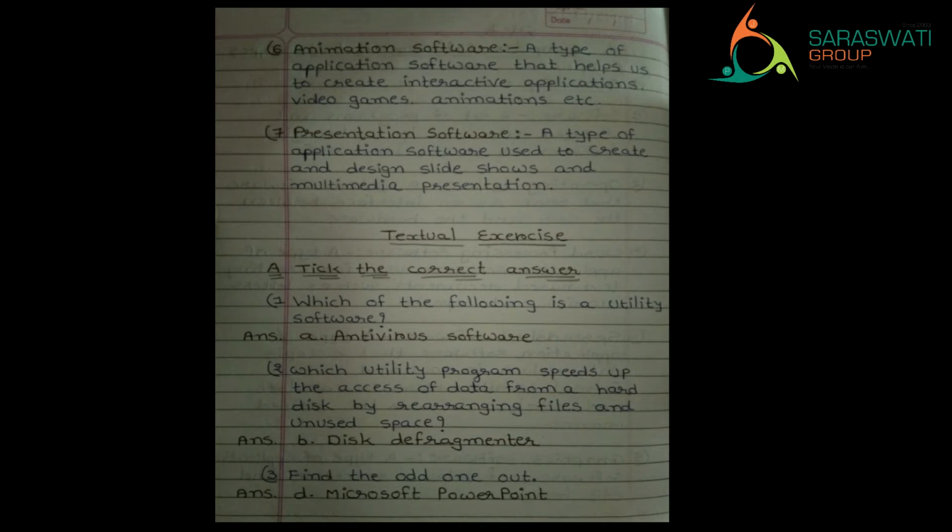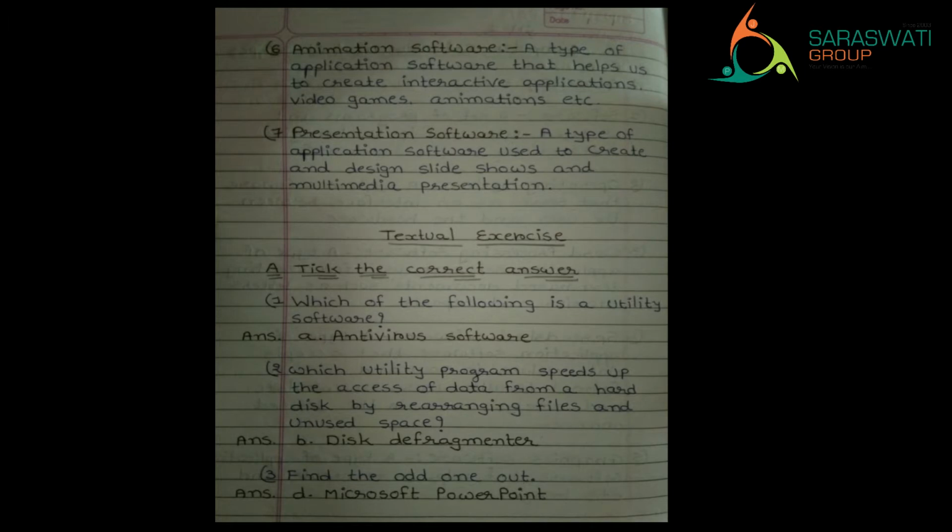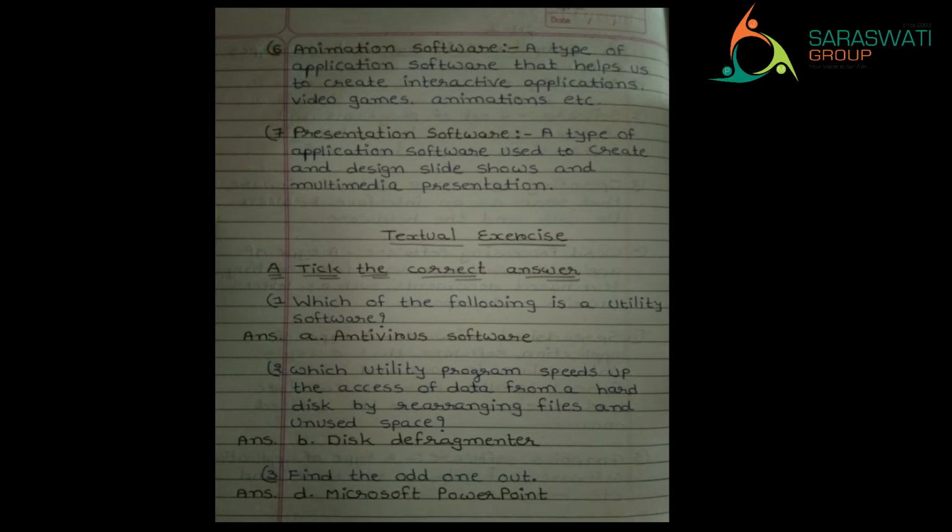You will see that there is certain software, right? Here also in the textbook 4 options are given, from which option B, that is disk defragmenter, is the correct answer for this. Why? We have understood in the explanation portion that disk defragmenter is rearranging the files and unused space.